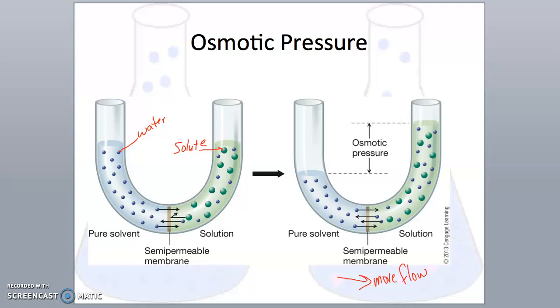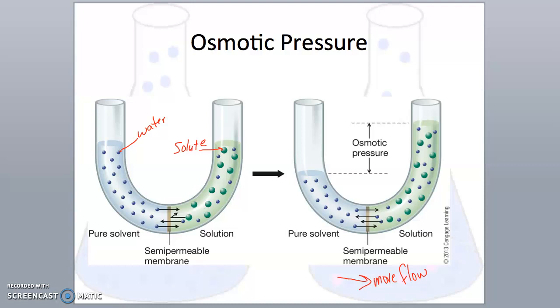The pure solvent can travel through this membrane where the particles of the solute cannot. So again, they act like blockers, and they disturb the flow from the solution side over to the pure solvent side, whereas the pure solvent can go through without anyone blocking the way.